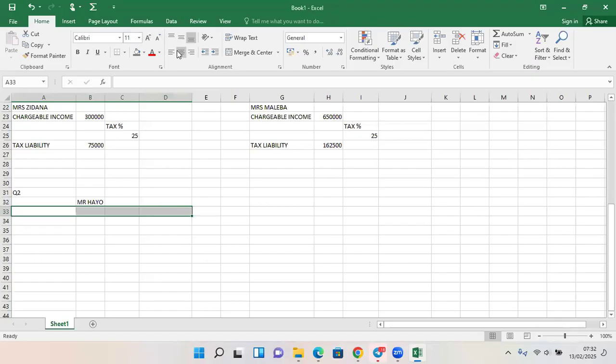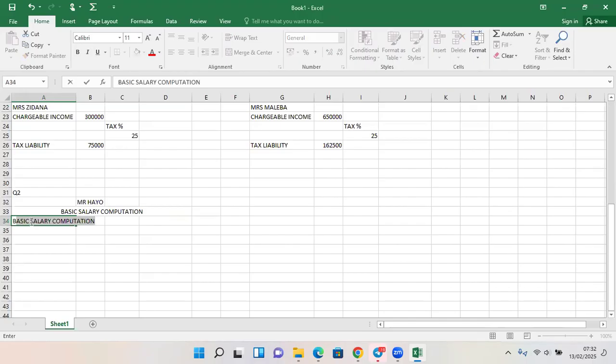So we have to compute it first because we are coming to calculate the basic salary computation. Now we have the year of assessment here. Now let me put the basis period. Year of assessment, then the basic salary.